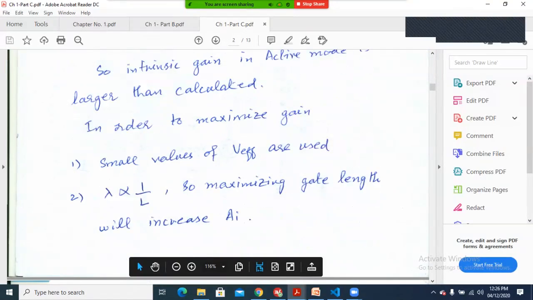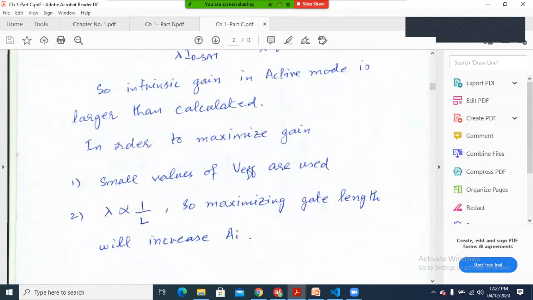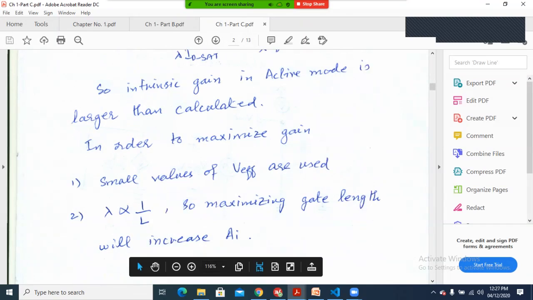Small values of Vov are used to maximize this gain, and lambda is proportional to 1 over L. So in fact, if we increase the length, we can increase this intrinsic gain. So by maximizing the gate length, we will increase the value of Ai.